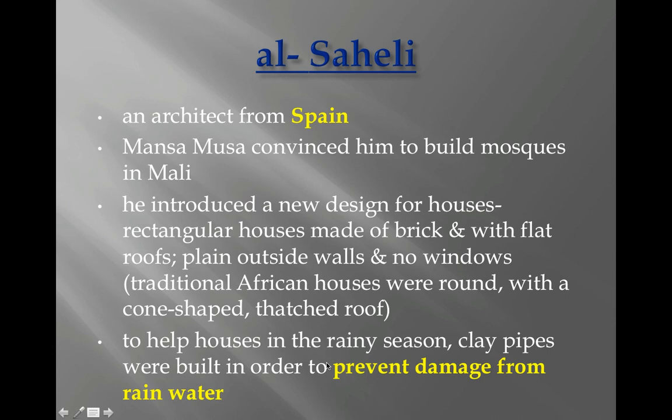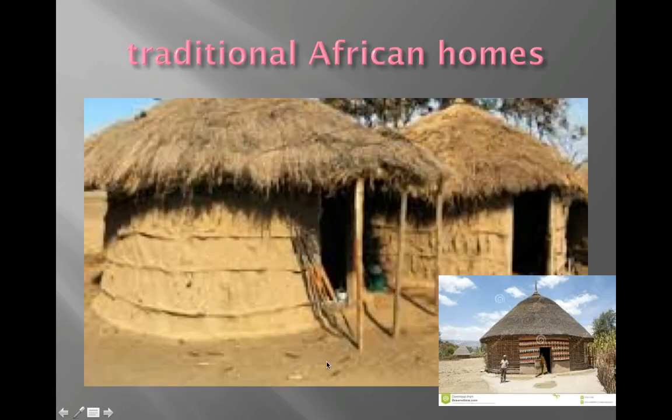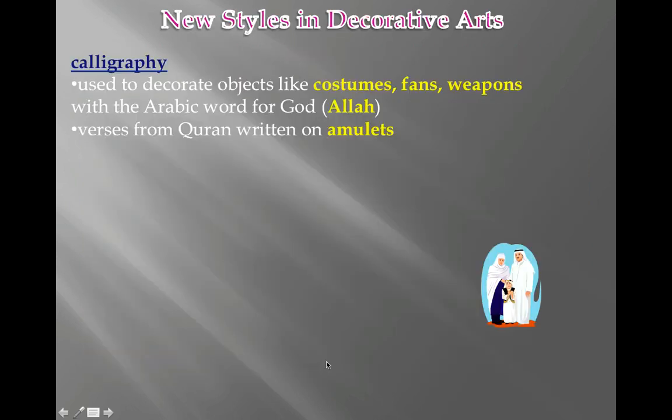We have nothing we're going to write down about Al-Sahili, traditional African homes, in case you're curious. Decorative arts. Calligraphy was used to decorate objects with the Arabic word for God, which is Allah. So write that down right here.